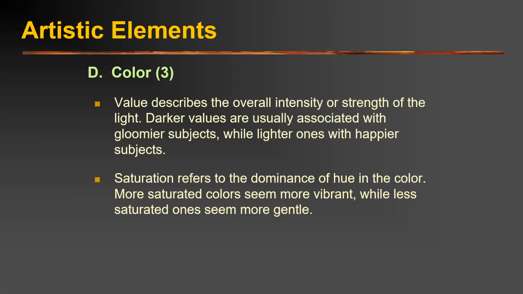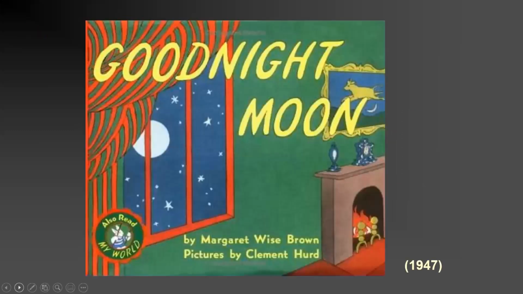More saturated colors more vibrant, but less saturated one seems more gentle. So kung light mood, light atmosphere, theme meron ka, yung value niya should be lighter as well. Same true with the saturation. However, if you want to focus on something, that should be more saturated.